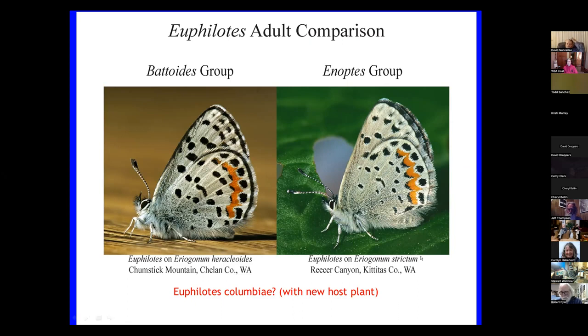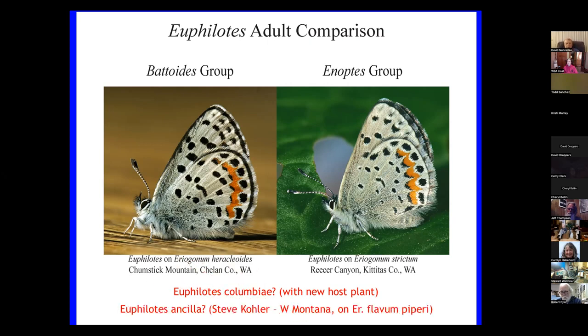And this is the first time we've documented any butterflies using the yellow buckwheat in Washington. But it also raises the question, what is this butterfly? It could possibly be Euphilotes columbiae, which simply is using a new host plant.